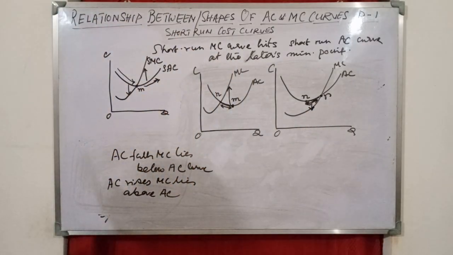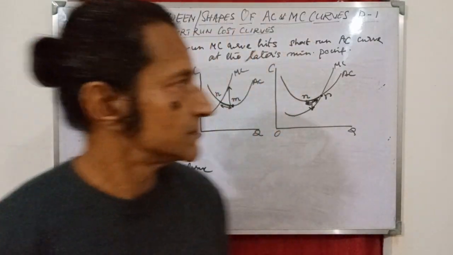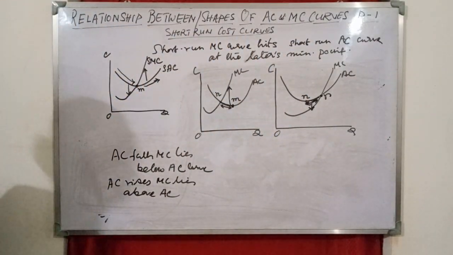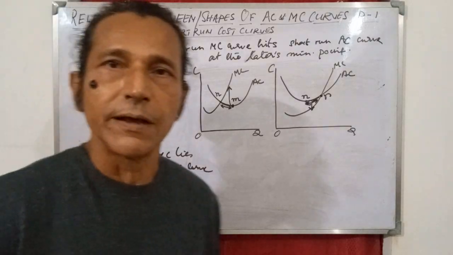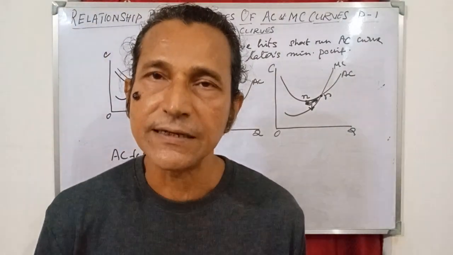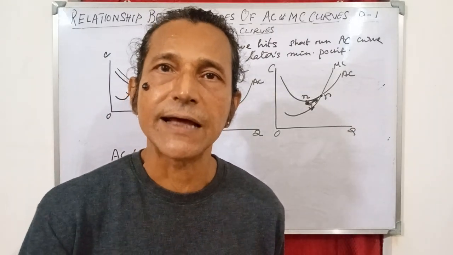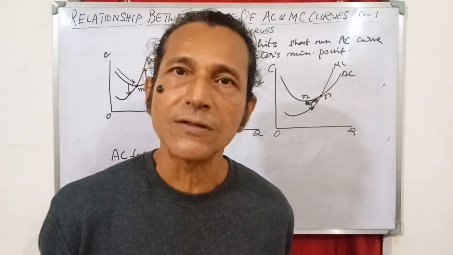This cannot happen. Okay? That means MC will intersect AC only at the latter's minimum point and at no other points on the average cost curve.